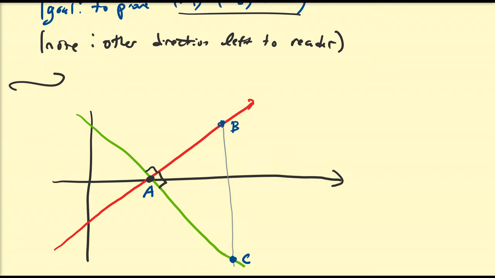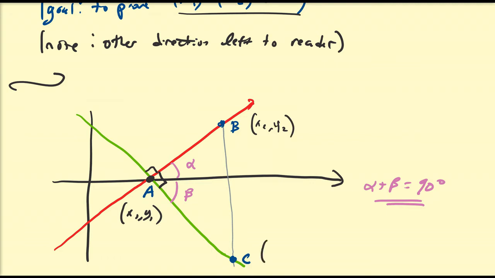I'm also going to consider two angles here. I'm going to consider this angle here alpha, and this angle here beta. So that means alpha plus beta must be equal to 90 degrees. And I'm going to start naming points as well. Let's call A x1, y1. Let's call B x2, y2. Let's call C x3, y3.